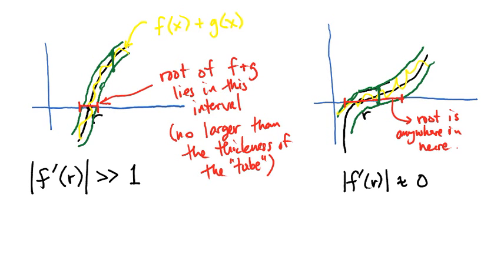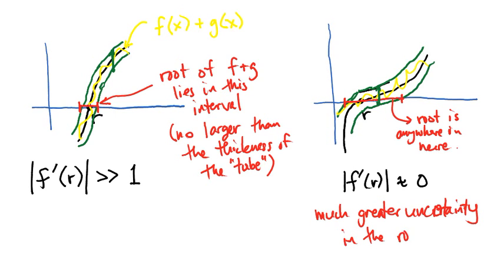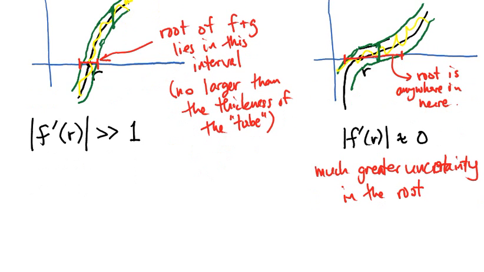Now it's much thicker. So in other words, there's much greater uncertainty in the root than in the original function.